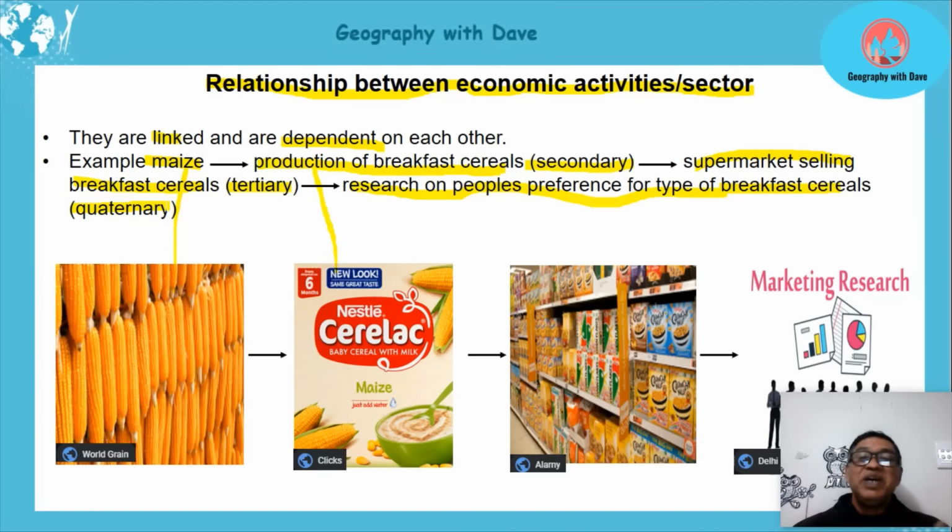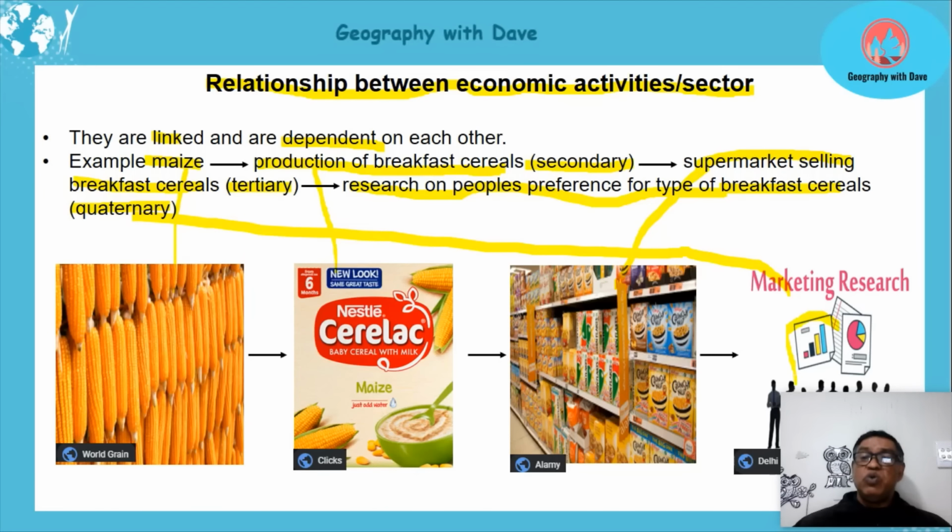Each one, in fact, the research is also important because, let's take this down here. There's your shop selling it, and your researcher down here. So let's take an example. Let's say research shows that there's a huge buying of this breakfast cereal from your maize.